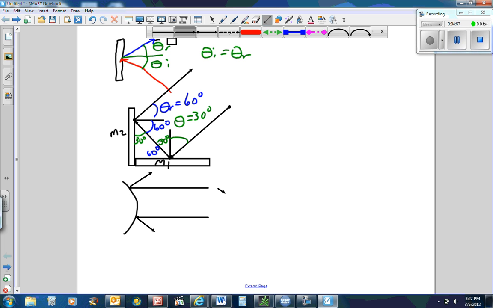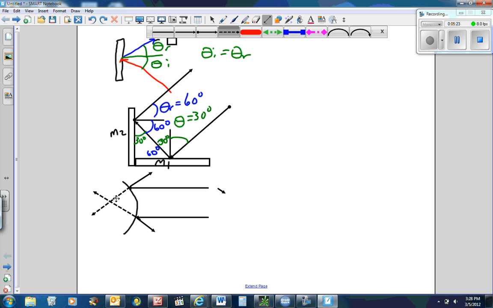Well, when we make a dotted line back to the back here, there's a place where these cross. The place where they cross, that's not exact, is called the focal point.